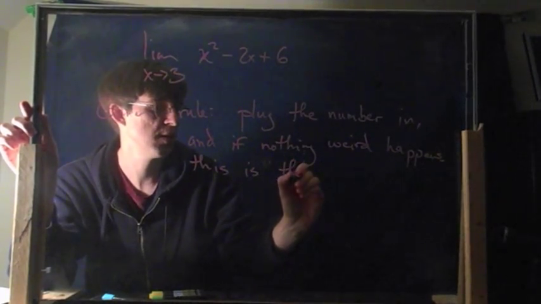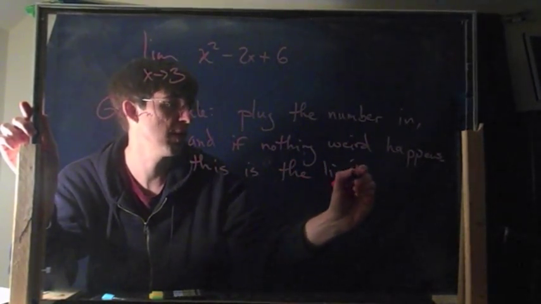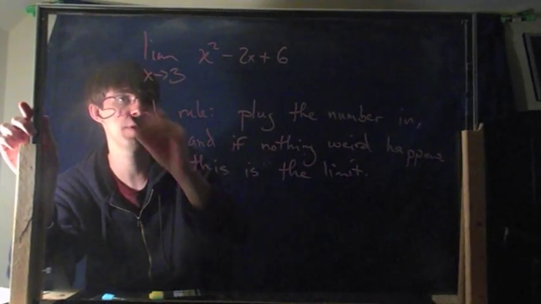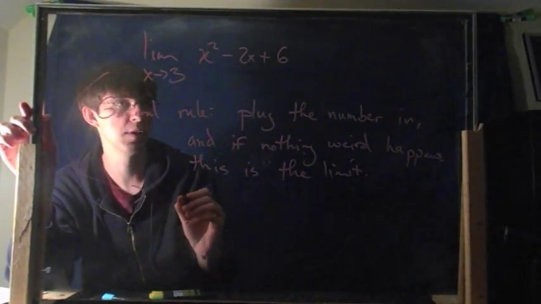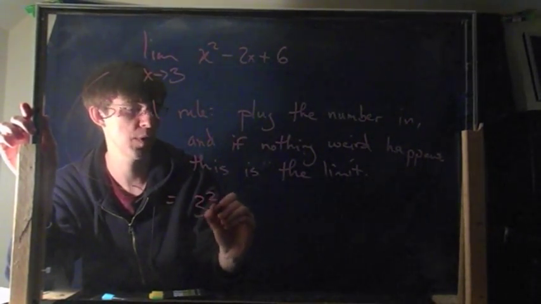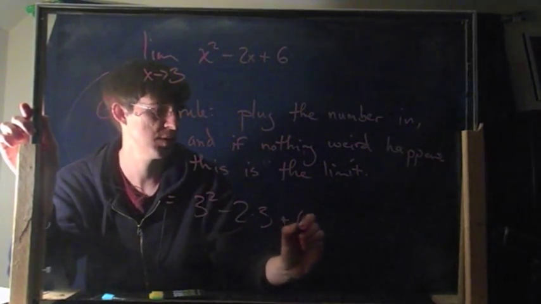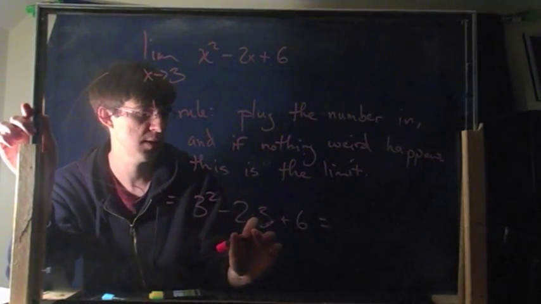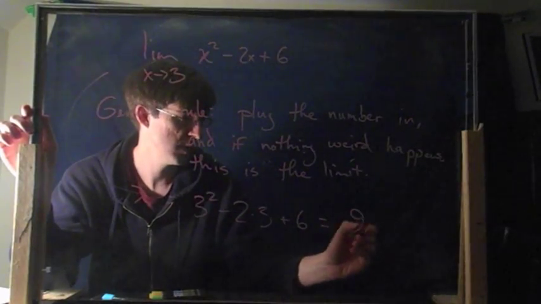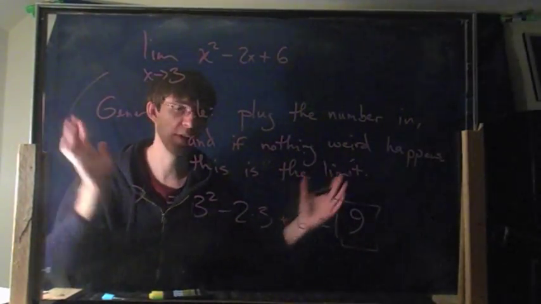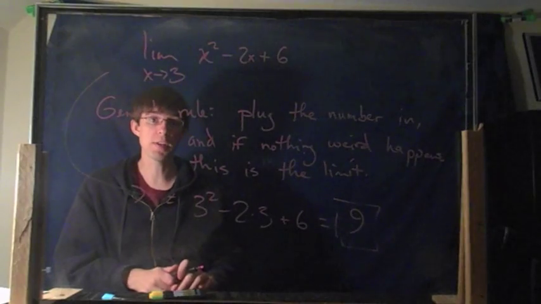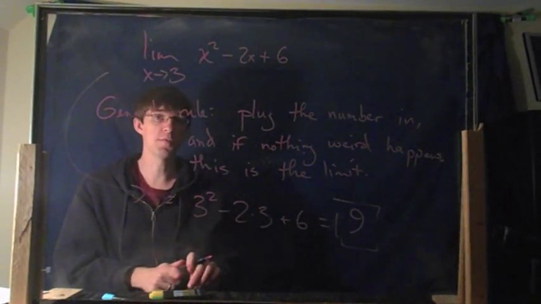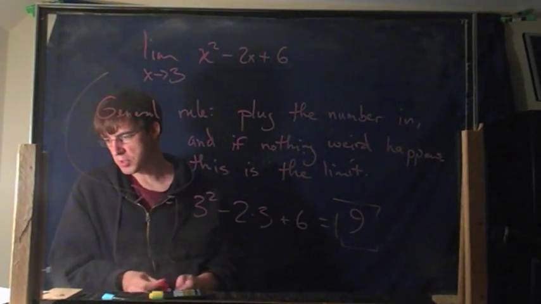This is the limit. So in this example, I'm just going to plug the 3 in, and you get 3 squared minus 2 times 3 plus 6, which is 9 minus 6 plus 6, which is 9. And that's your answer, right? That turns out to be the correct answer. That is the limit of this function as x approaches 3.